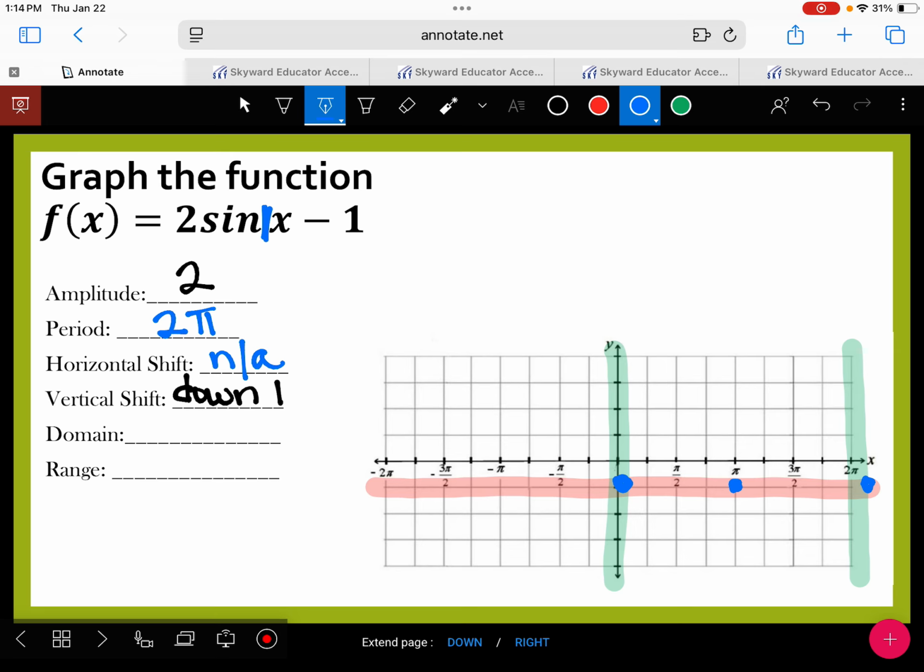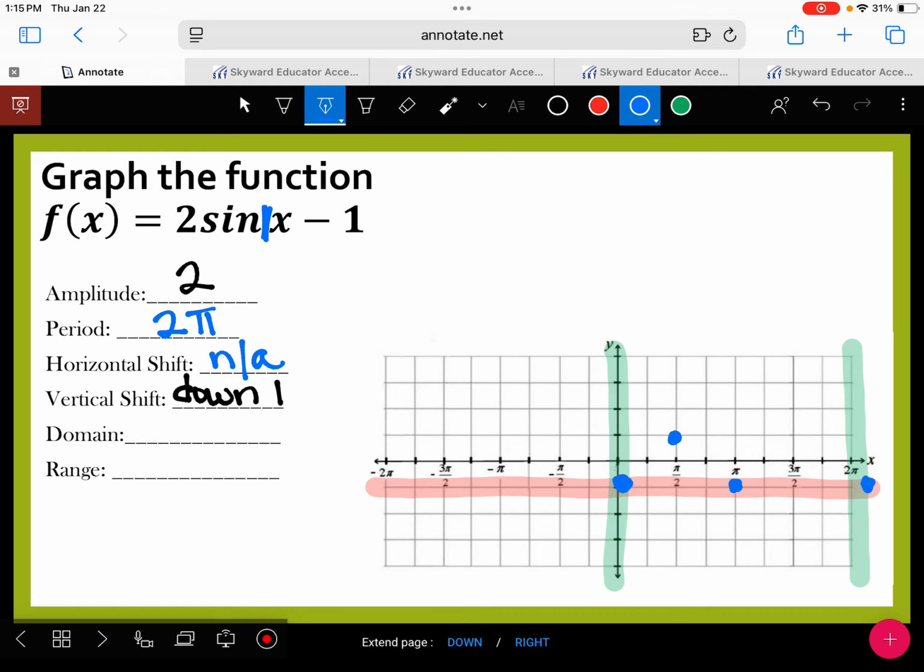Then between the first two, I'm going to go to the top. My amplitude is 2. So if I put my pencil here at the middle, I'm going up 2: 1, 2. So this is the top. The top would be at 1. How did I do that?